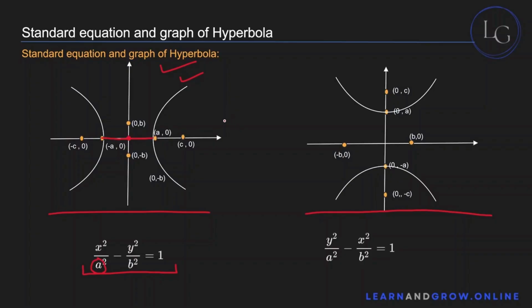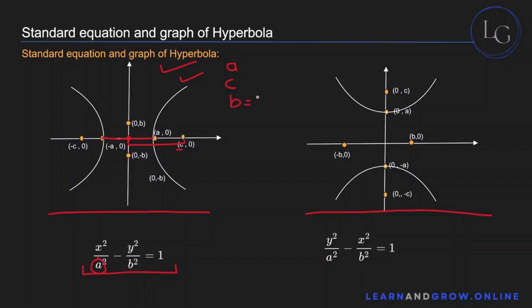Now, this C over here, right? That's basically just the distance from the center to the focus. Sorry, the focus. Foci is plural. The focus, any one of these focus. Okay, and basically A, again, is the distance from the center to the vertex. C is the distance from the center to the focus.